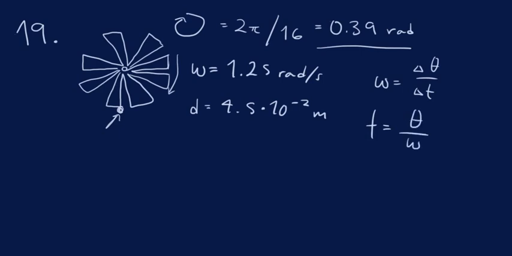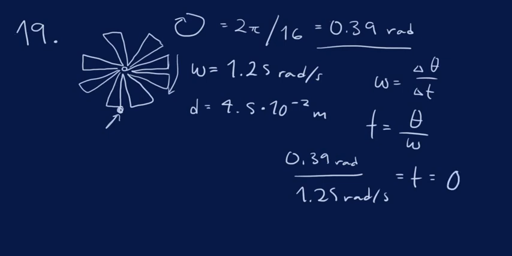So we're going to take theta, which is 0.39 radians, and we're going to divide it by the angular velocity of the windmill, which is 1.25 radians per second, and that will give us t, which is 0.314 seconds. Okay, so we have that.